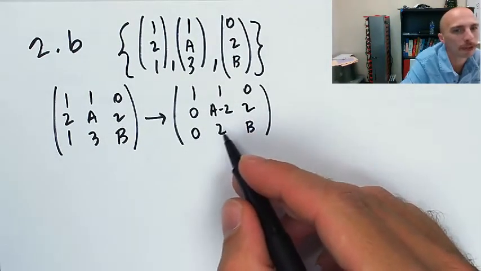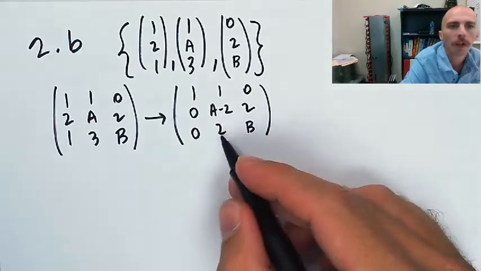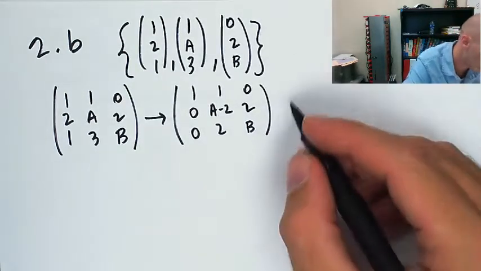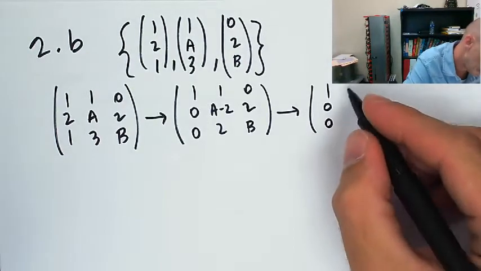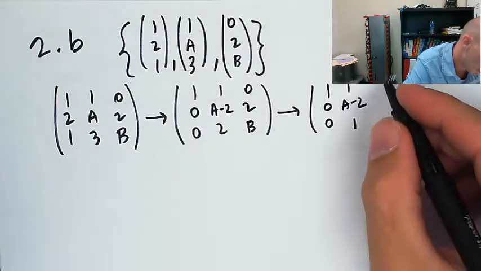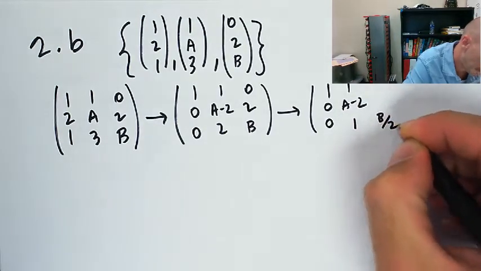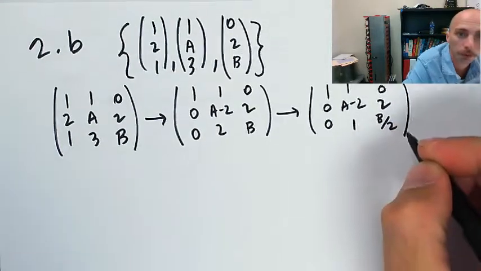Can't remember if I divided this by 2 or if I divided this one by A minus 2. Let's divide this by 2. I think that's what I did in class. It doesn't matter. It's going to play out the same way. That's a 1. And so this became a half of B and 0. And that's still a 2. I did not do anything to row 2.